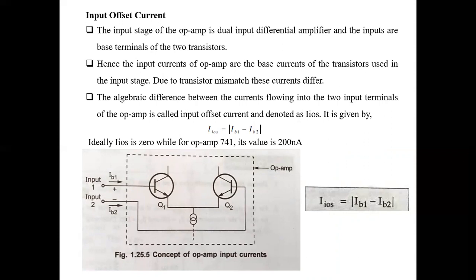The algebraic difference between the currents flowing into the two input terminals of the op-amp is called input offset current, denoted as IIOS. IIOS is equal to IB1 minus IB2. The typical value of the input offset current is 200 nanoampere for the IC 741.